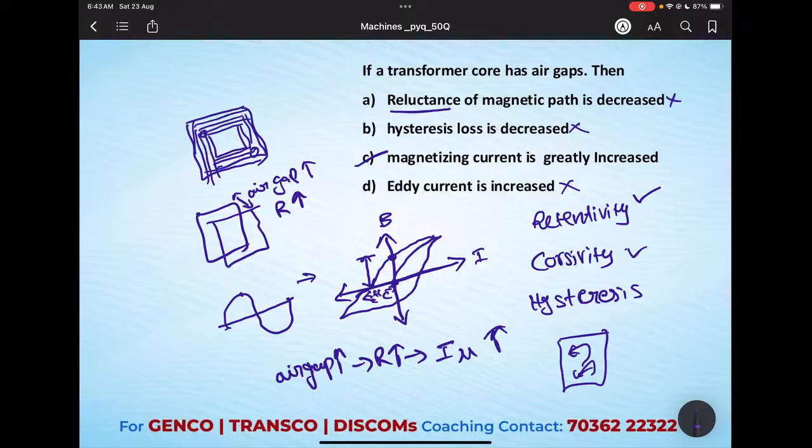So what we need to learn from this question is the basics, especially the construction features of a transformer. Most of the time the questions will come directly as conceptual questions like this. If you understand the working principle of a transformer and different parameters like magnetizing current, eddy current, you need to have a basic idea.